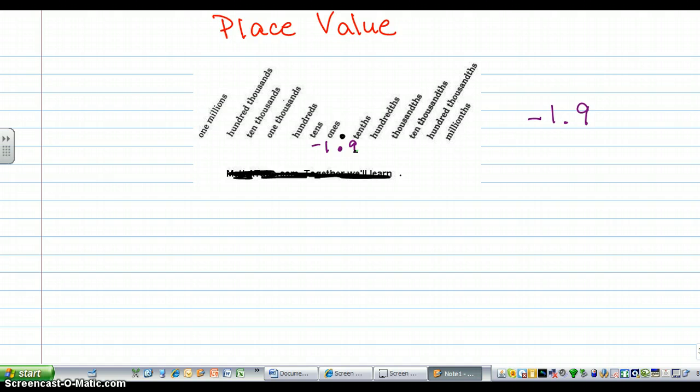So I just read this. This is negative 1. The decimal means and 9 tenths. 9 tenths. And that's how I change this decimal into what we call a mixed number. Negative 1 and 9 tenths.